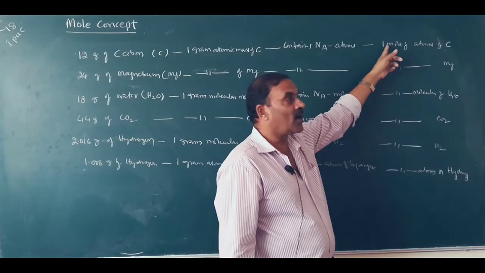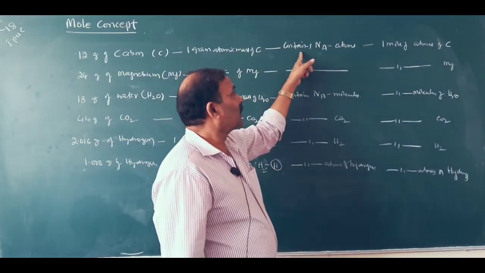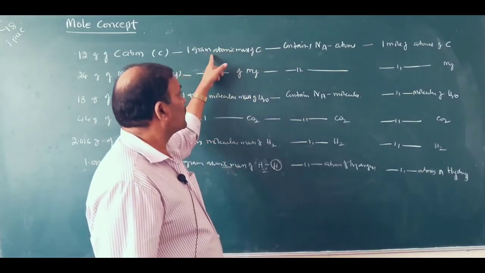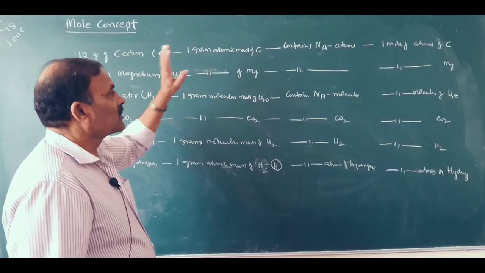So 1 mole of carbon atoms means Avogadro number of carbon atoms, and its weight is equal to 1 gram atomic weight.